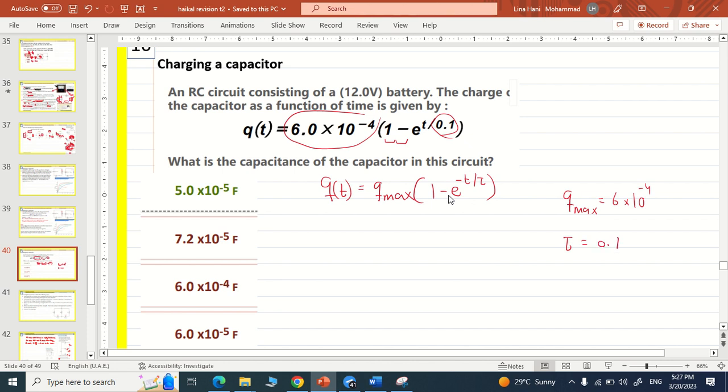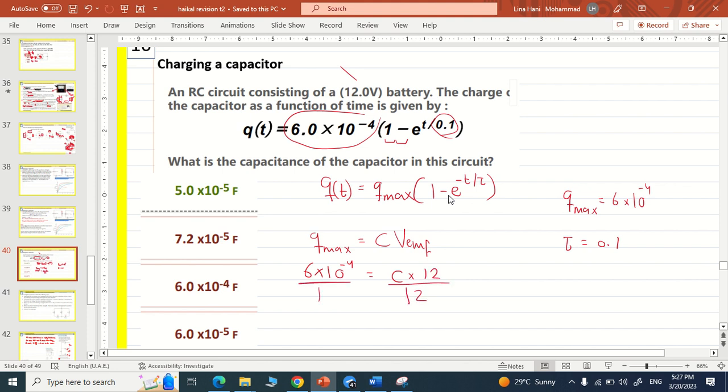I know that Qmax is equal to C VEMF. And I have VEMF, so I can find the capacitance of the capacitor. So Qmax is equal to C multiplied by VEMF. So 6 times 10 to the power of negative 4 equals C multiplied by 12.